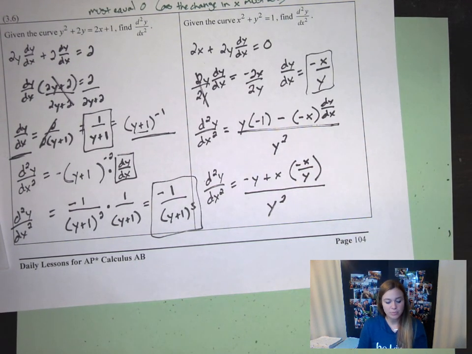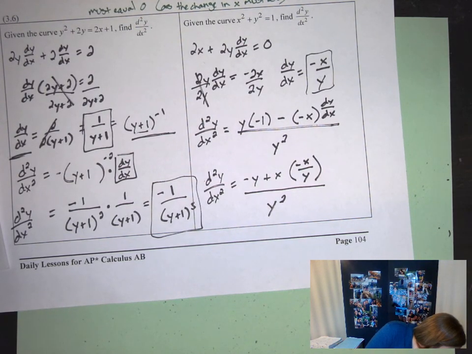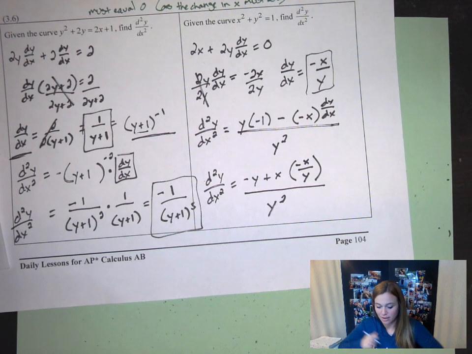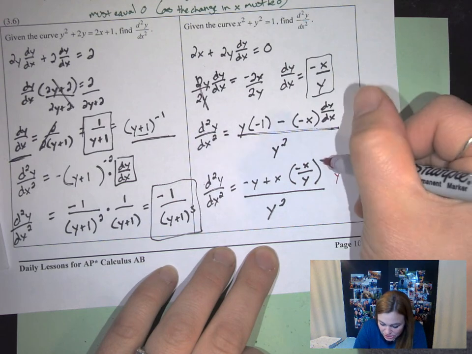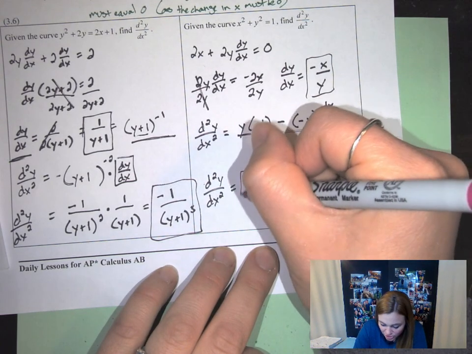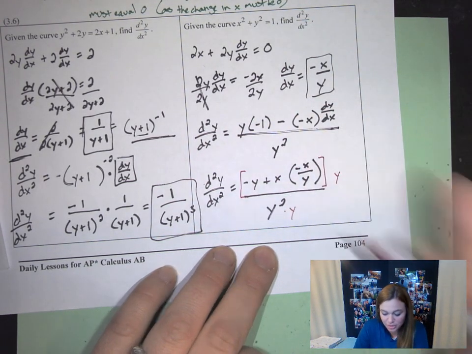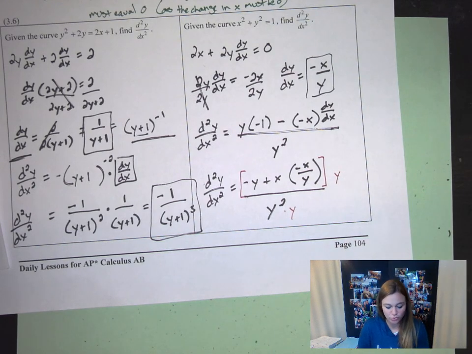If this were a multiple choice question, you might have to get into one where there wasn't a -x/y in the numerator. And so the way that you do this, oh my goodness, my chair is so squeaky, is you want to get rid of this y here. So I'd multiply everything in the numerator by y and everything in the denominator by y, so it's multiplied by some weird form of 1.